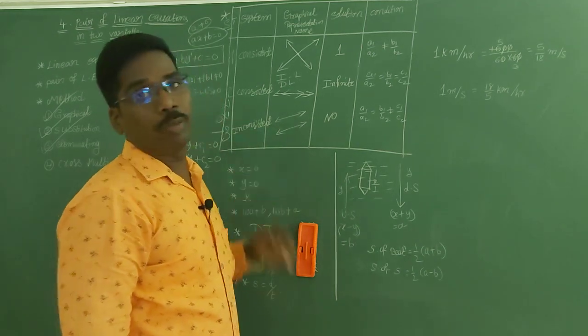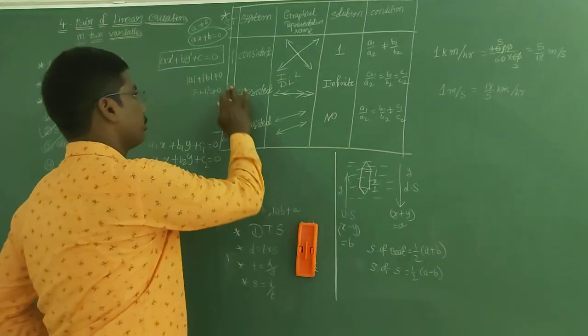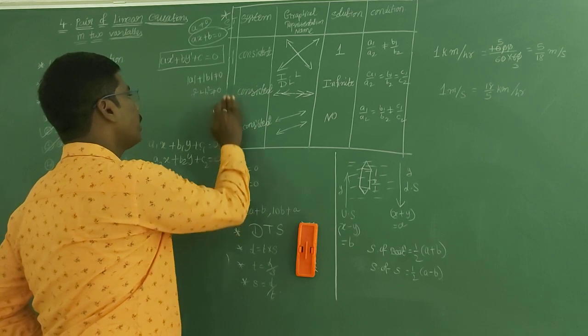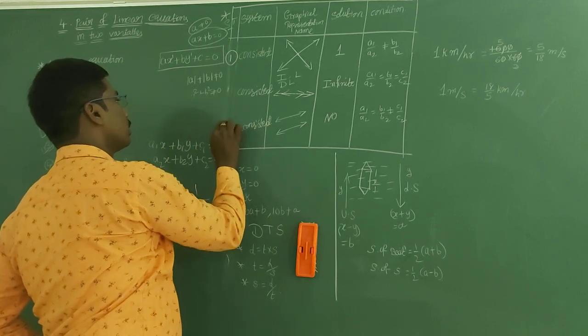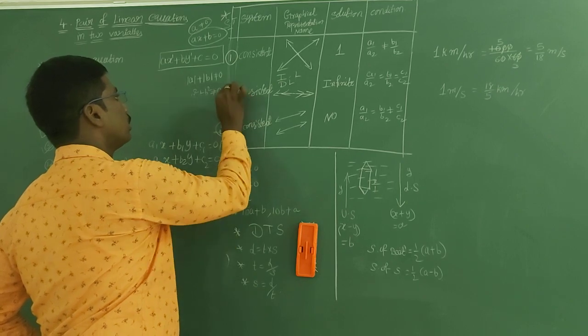Now how to remember this formula? Listen, I am taking serial numbers here for your understanding. This is first one, this is second one, this is third one.